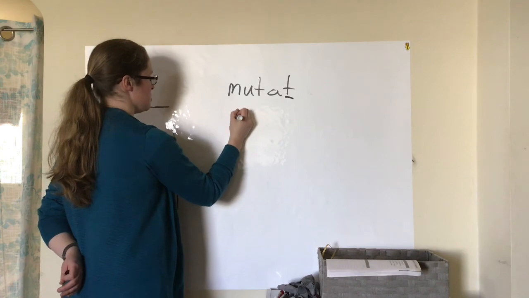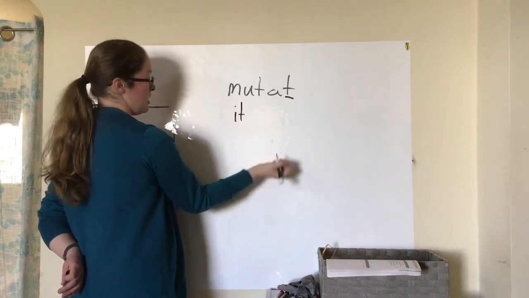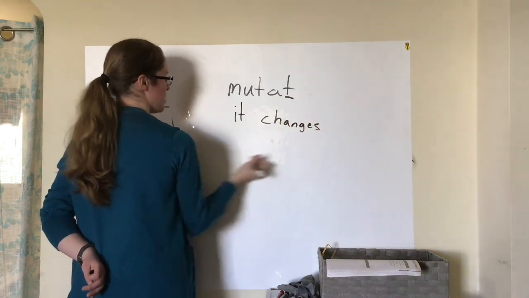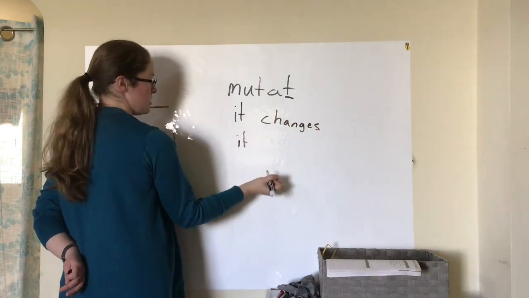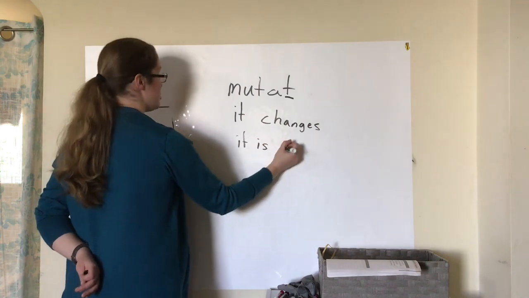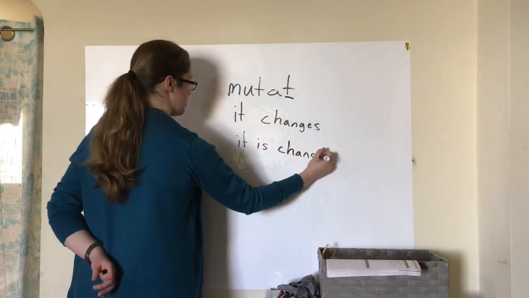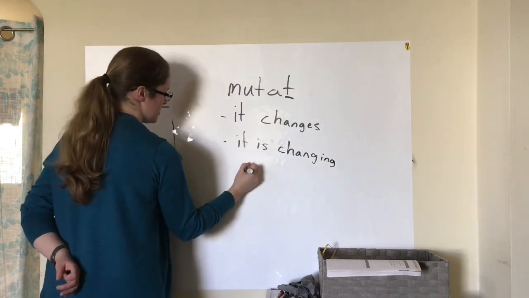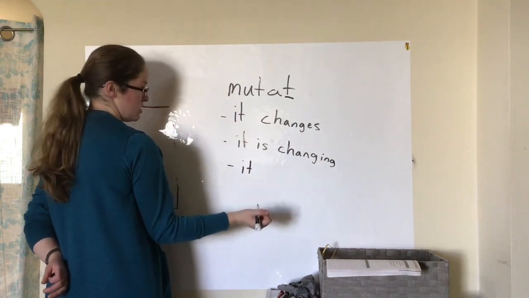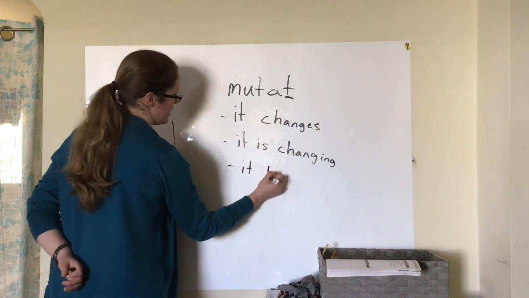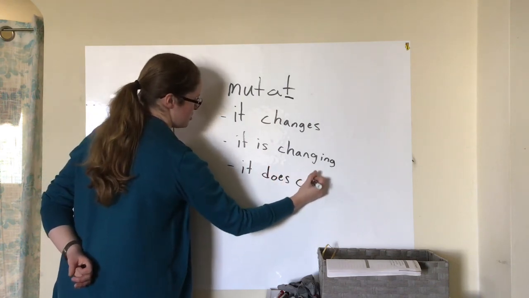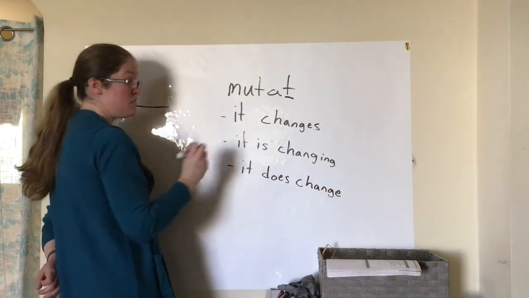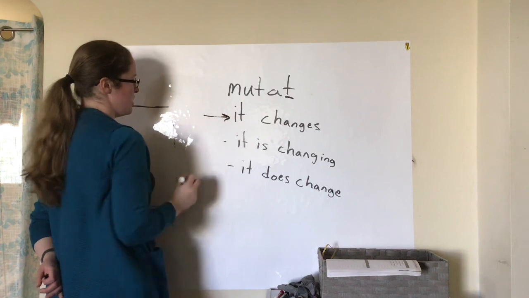So let's do it changes. Way 2 to say it. It is changing, helping verb. Still present tense. It does change. Preferred one is the first one. It changes.